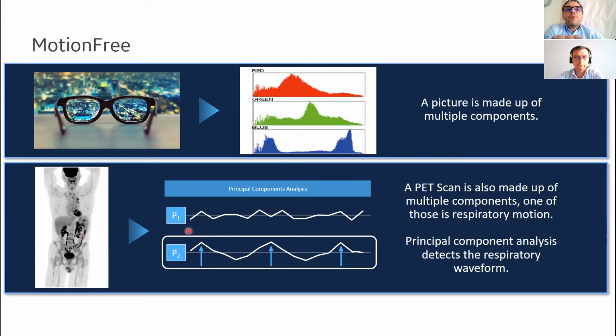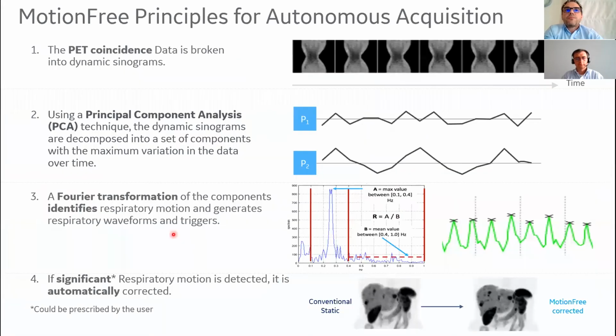So here, this P1 and P2 actually are the 1D respiratory waveforms that impact the image. So the PCA tends to detect these 1D respiratory waveforms directly from the data and correct for them.